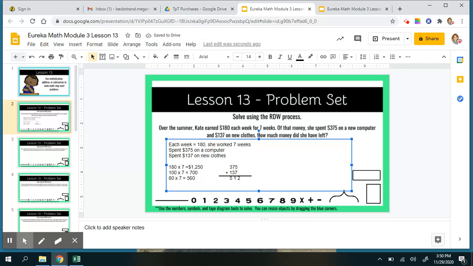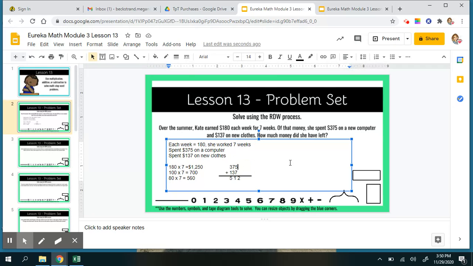Remember, our question is, how much money did she have left? I know how much she spent. I know how much she earned. So now I need to do some subtraction to represent how much money she had left. Okay.